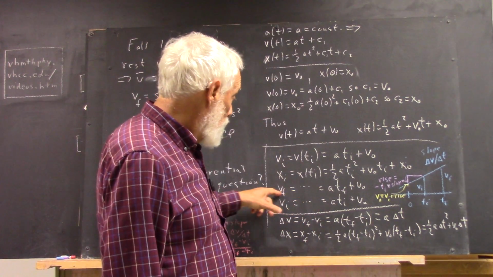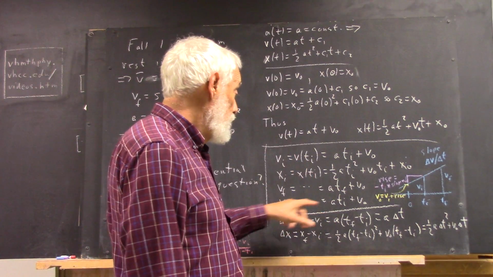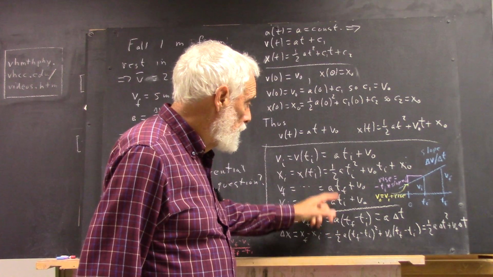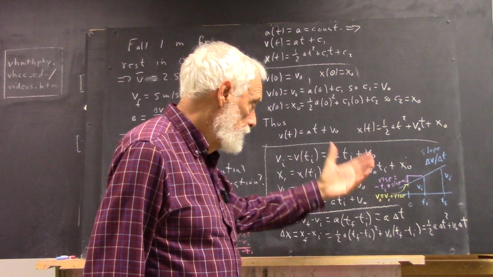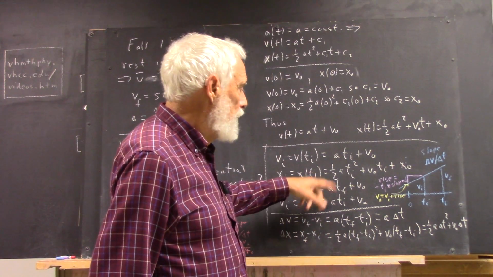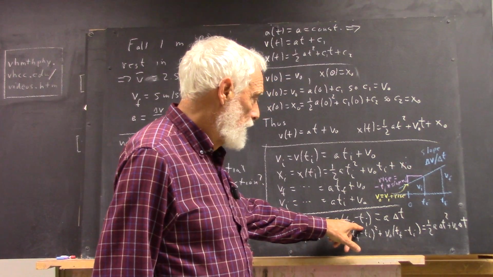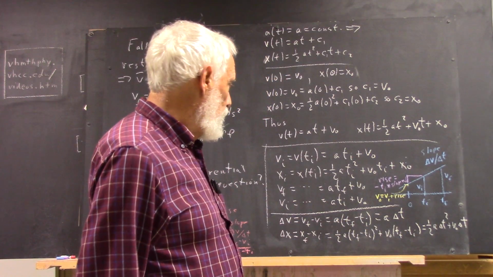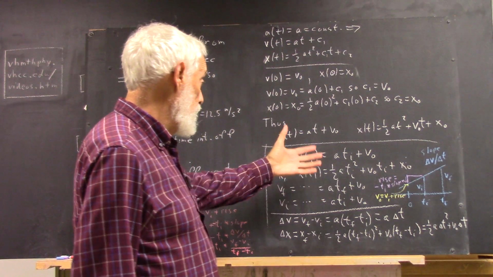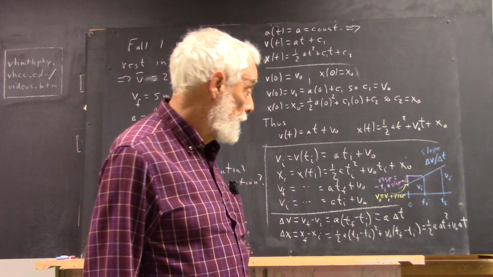Well, here's what you get if you plug in for v sub f. Here's what you get if you plug t sub i into the function for v of t. And if you subtract this from this, you'll be subtracting v naught from v naught. And you're going to get a tf minus a ti. Factor out the a, you get a times tf minus ti. And that's just a times delta t, the way I define delta t. And I didn't write that definition down on the board, but delta t is just tf minus t sub i.